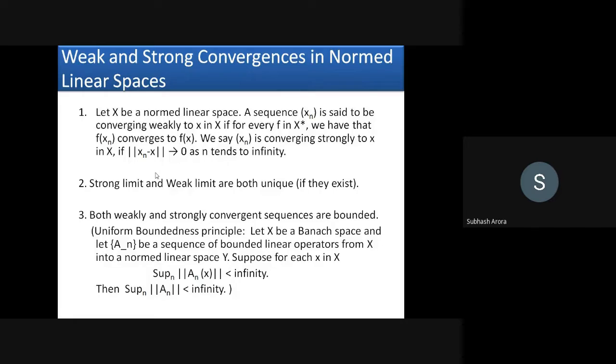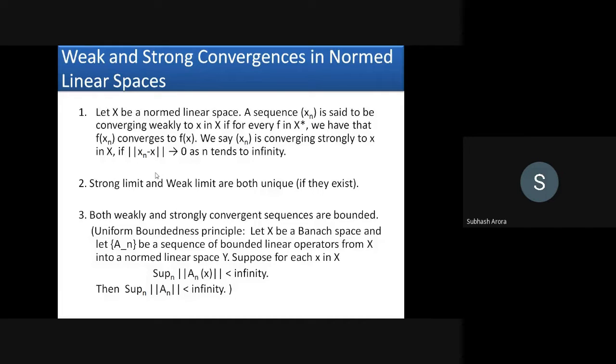So every strongly convergent sequence is bounded, but a weakly convergent sequence is also bounded, because that follows by the uniform boundedness principle. The uniform boundedness principle states that if X is a Banach space, and An is a sequence of bounded linear operators from X to a non-linear space Y, and for each x the sequence norm of An x is bounded, then the sequence of norms of An is also bounded.